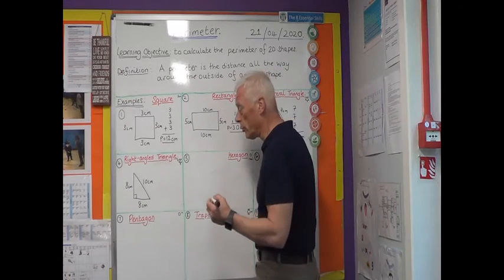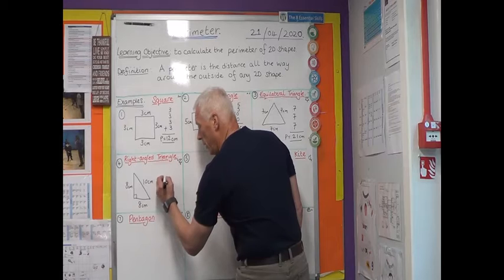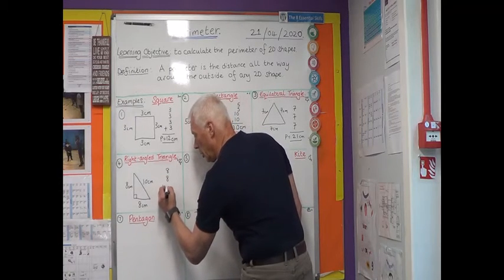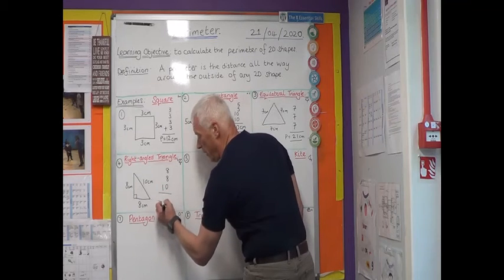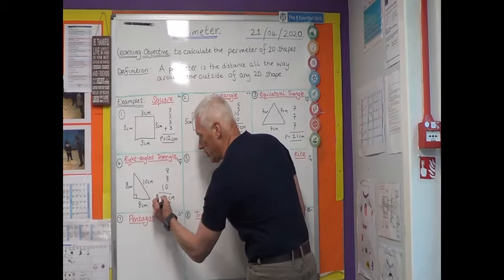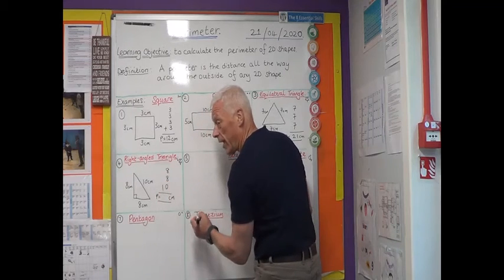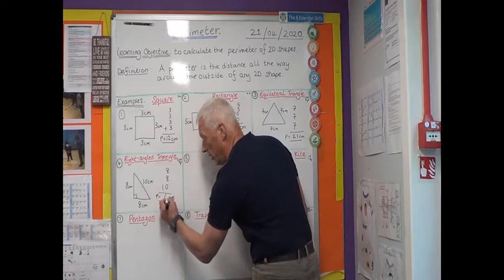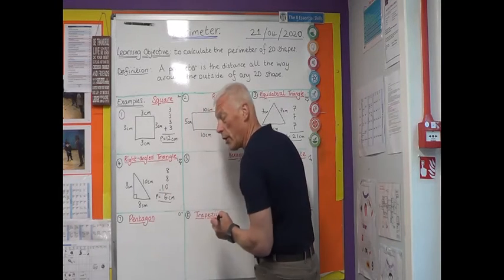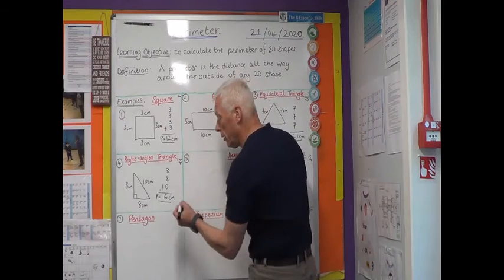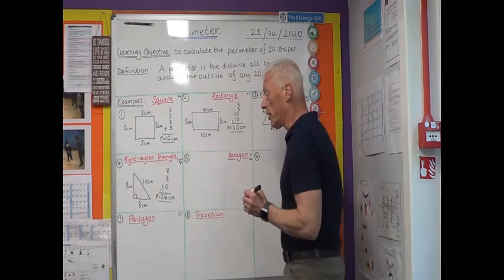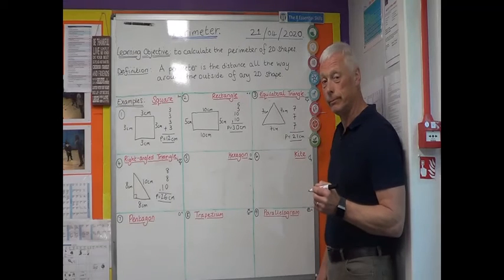Remember to put it in the columns all the way around the edge, making sure that everything's in the right unit of centimetres. 8 add 8 is 16, add 0 is still 16. 6 down, carry your 1. 1 add 1 is 2, you've got 26 centimetres.